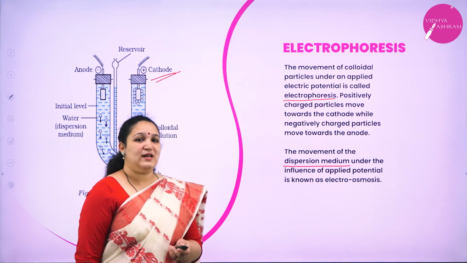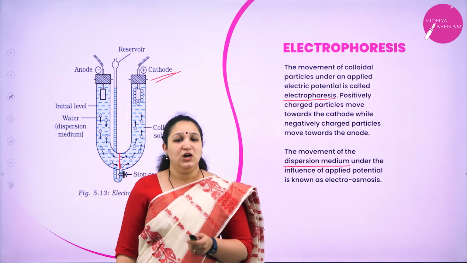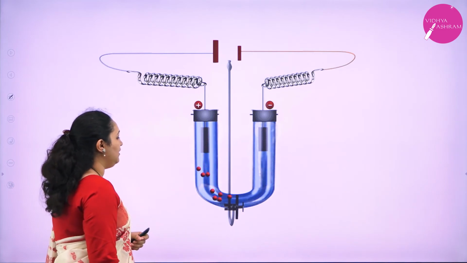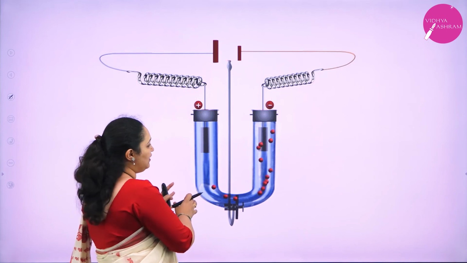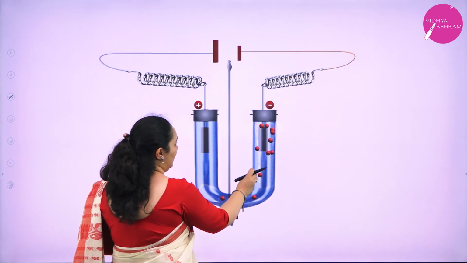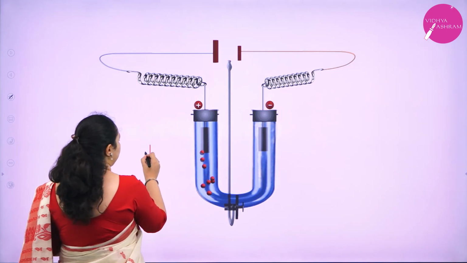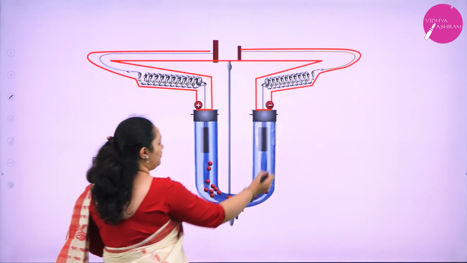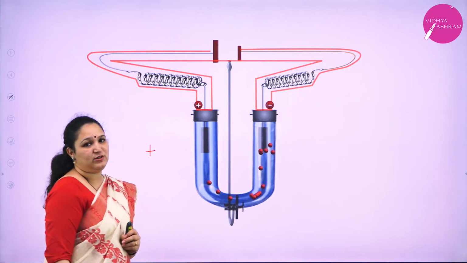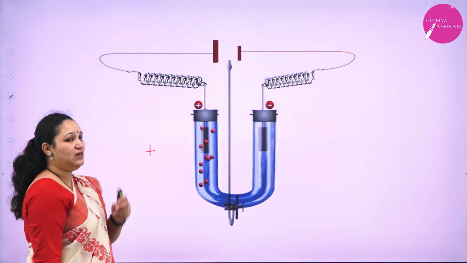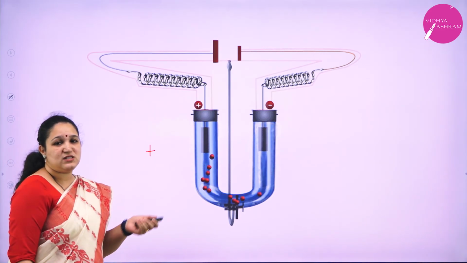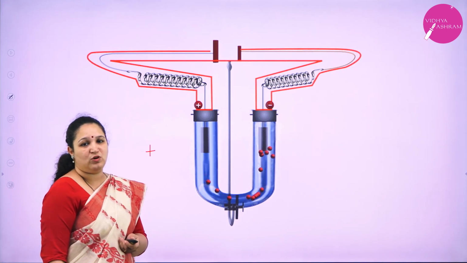Okay. To understand better, you can see here the colloidal particles will start moving. If these are positively charged, then they will move towards the negative electrode. If negatively charged, then they will move towards the positive electrode. This is called electrophoresis.